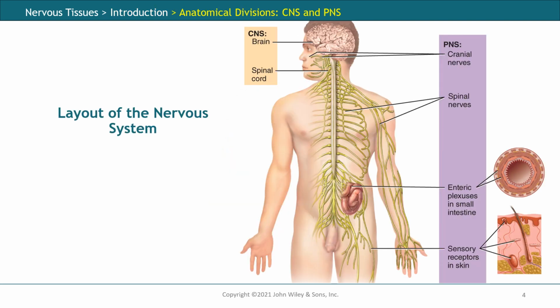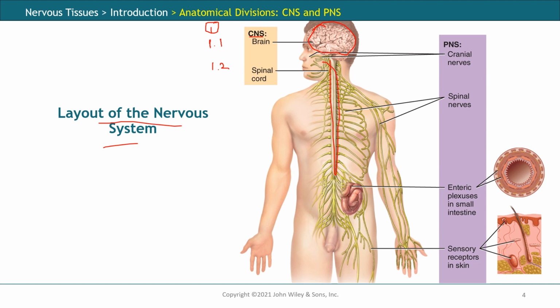Now let's talk about the layout of the nervous system, and we can divide it into two main sections. The first section is here in orange, the central nervous system, and it contains, let's put 1.1, the brain, and here 1.2, the spinal cord. Of course, you know where the brain is and where the spinal cord is.